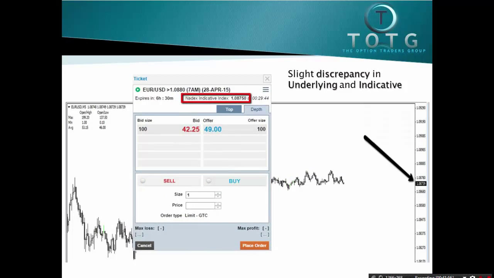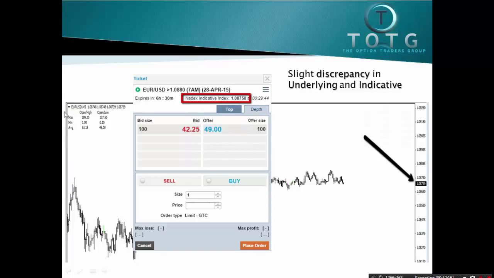And there is a slight discrepancy in the underlying price and the Nadex indicative. I pulled a Nadex ticket here, and you can see this is the Euro USD ticket, and right on the ticket it says Nadex indicative index, and they have it at 1.0875.